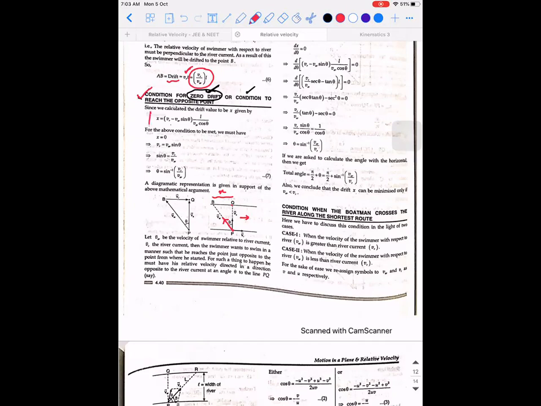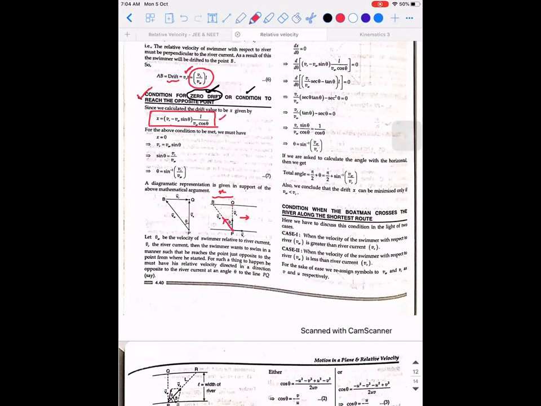So from the previous derivation, if you observe, the drift that is experienced by the person is given by the expression (VR minus VSR sine theta) divided by VSR cos theta, where VR is the velocity of the river, VSR is the velocity of the swimmer with respect to the river.